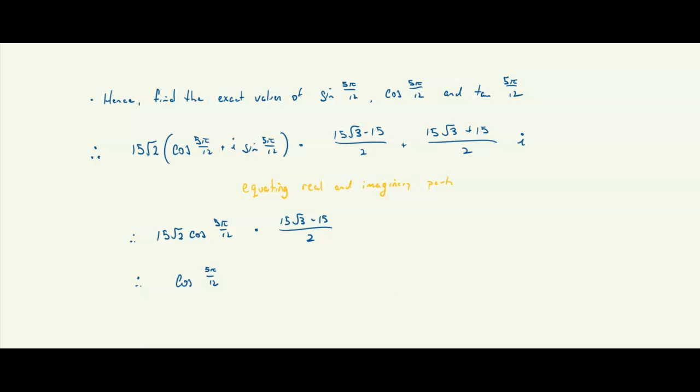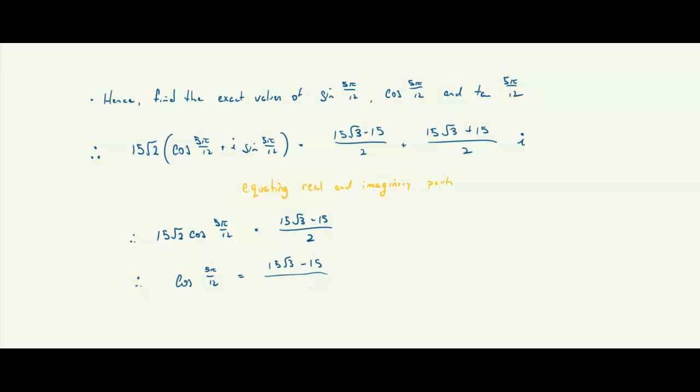Making cos 5 pi on 12 the subject, we've just got a little bit of arithmetic to do with our surds. We're going to divide by 15 root 2, or multiply by 2 over 15 root 2.